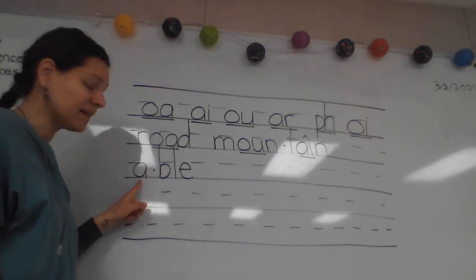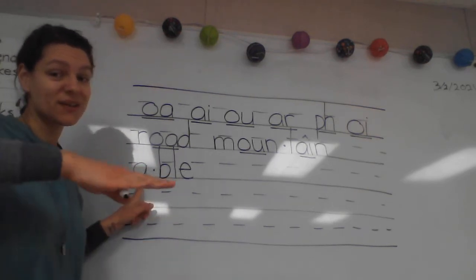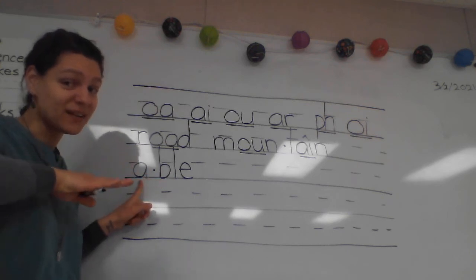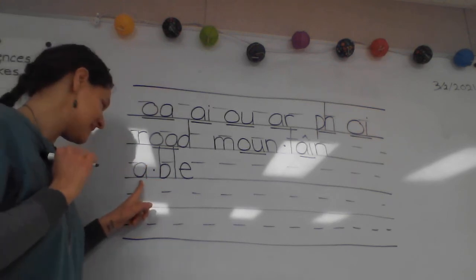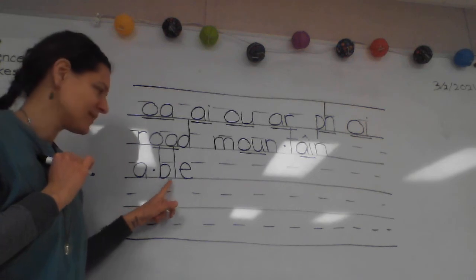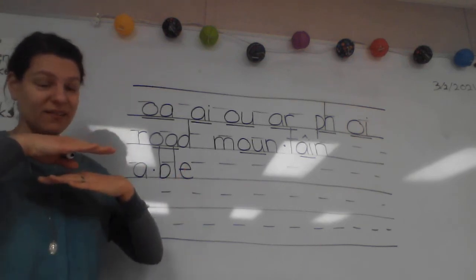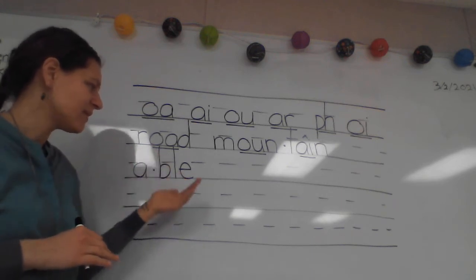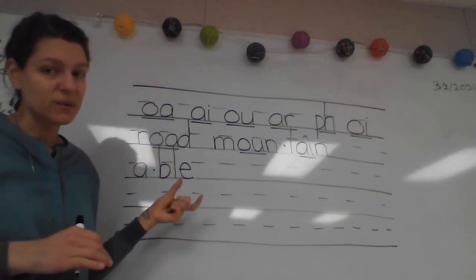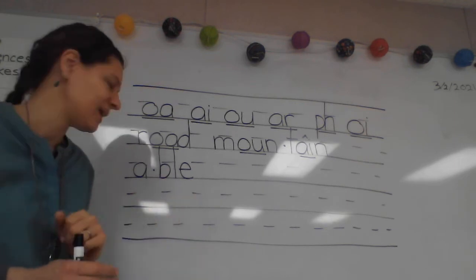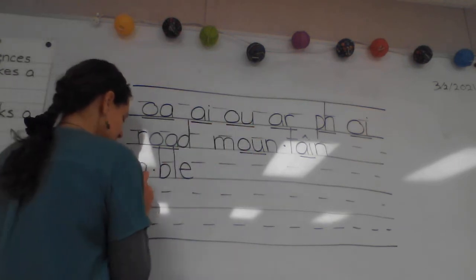Does this need a marking? I hope you're showing me this because it's saying its name, so you have to underline any vowel that says its name. How about this one? This one? This one? All right, good. And remember, this one doesn't have a specific letter that it goes with, so we only mark the E. All right, pick up your pencil.